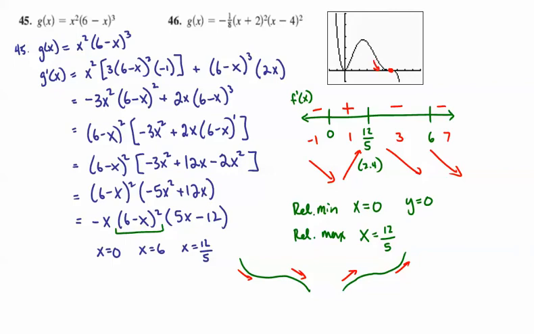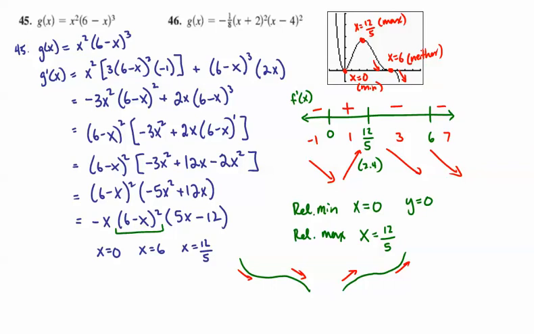The function goes from decreasing to decreasing, and we don't have a relative min there or max. We had a relative max at x equals 12/5, and we had a relative min at x equals 0. So x equals 6 is neither. 12/5 is a max, and 0 is a min.